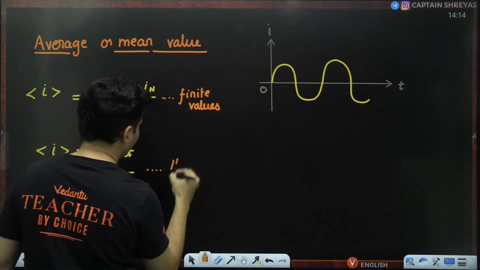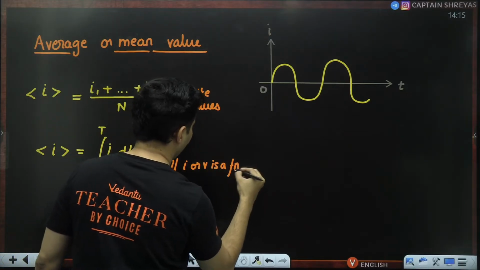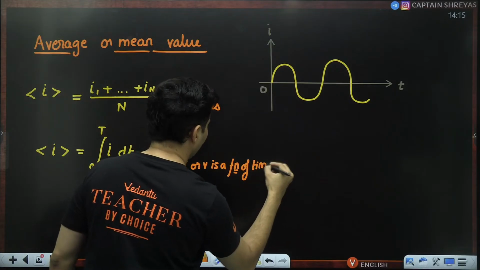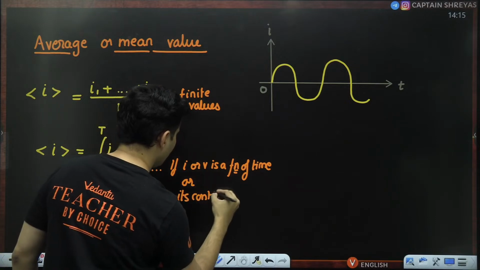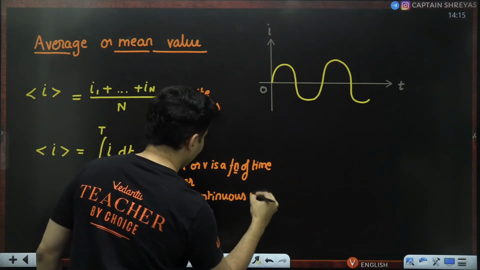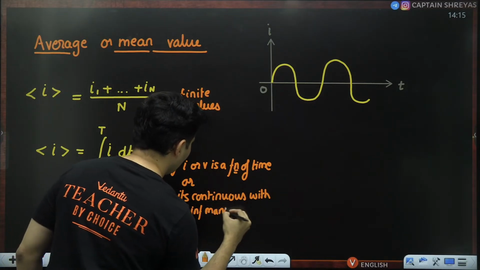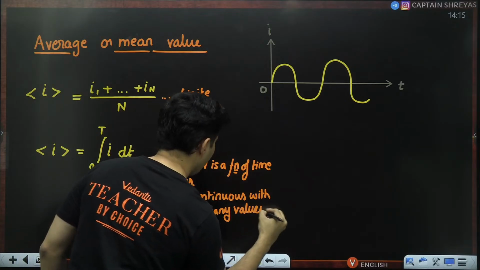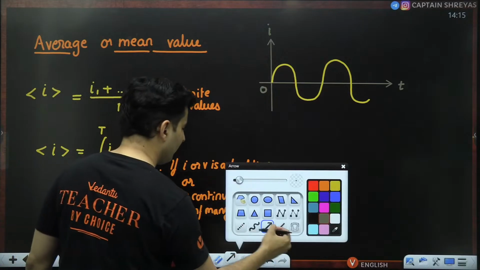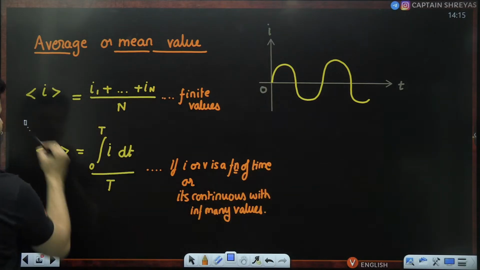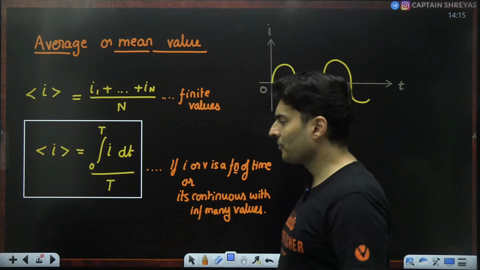This is if current or voltage is a function of time, or basically it's continuous, with infinitely many values. Then you will be using this particular equation. This is the general formula. So I'm going to block this off because this is what you are more likely to use. The other one is not going to be used so often.